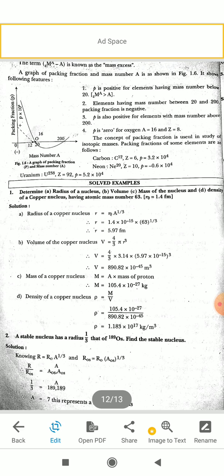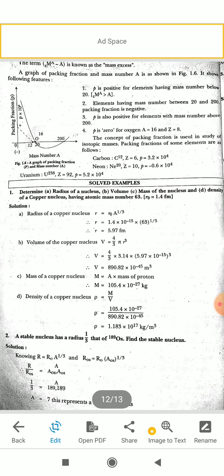P is positive for elements having mass number below 20. For mass numbers greater than 20 up to 200, the packing fraction is negative. And P is also positive for elements with mass number more than 200.